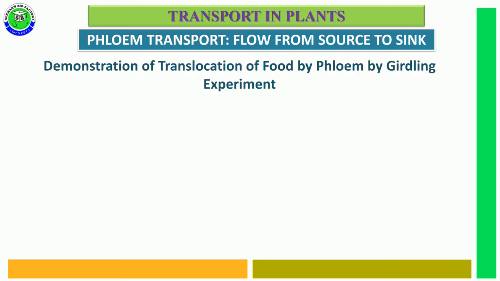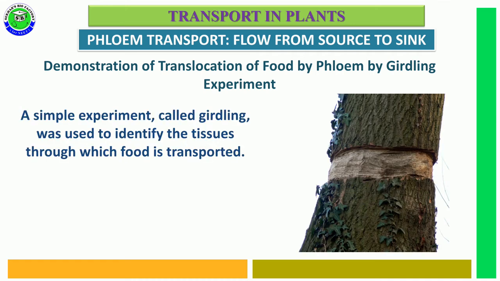That is about the translocation of food materials or organic substances from source to sink according to the mass flow or pressure flow hypothesis. During this translocation, phloem tissue plays an important role, and this can be demonstrated with the help of an experiment called the girdling experiment.